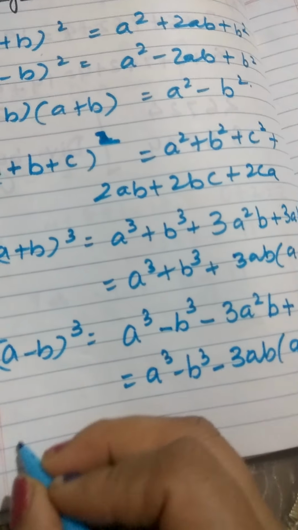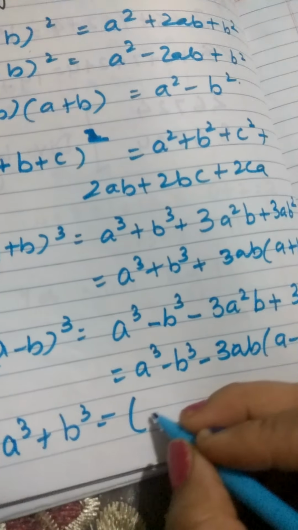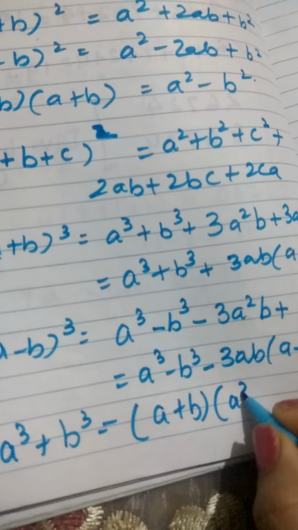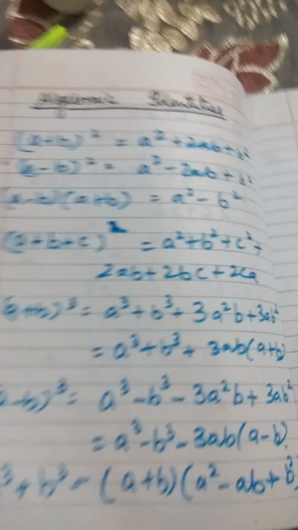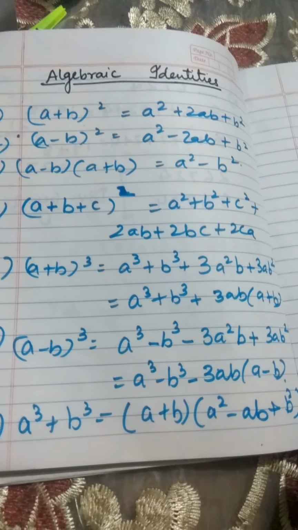Next we have, if we have a cube plus b cube on one side, then it can be factorized as (a plus b)(a square minus ab plus b square). So with the application of all this, you are going to remember it. Now we come to the next.